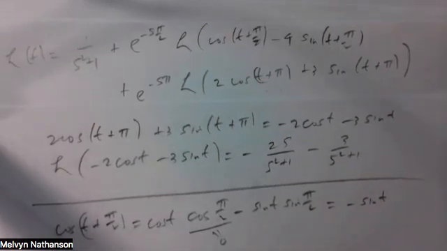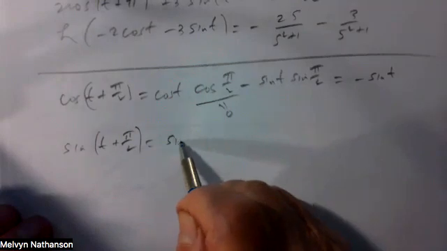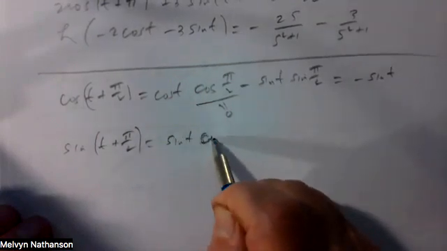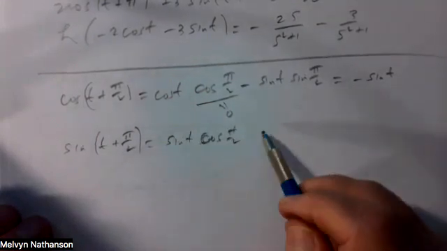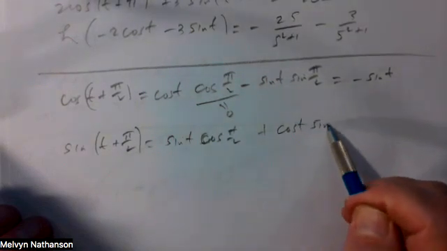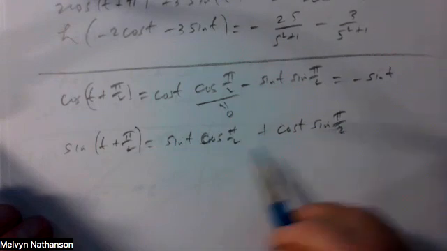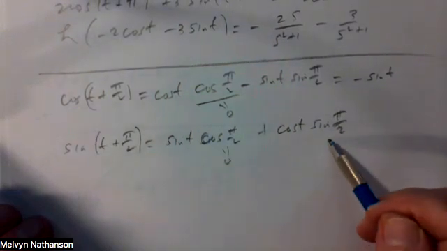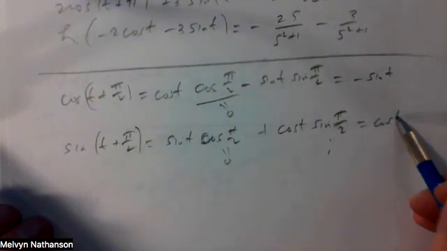And the sine of t plus pi over 2 is sine t cosine pi over 2 plus cosine t sine of pi over 2. Again, this is 0, this is 1. This is just cosine t.